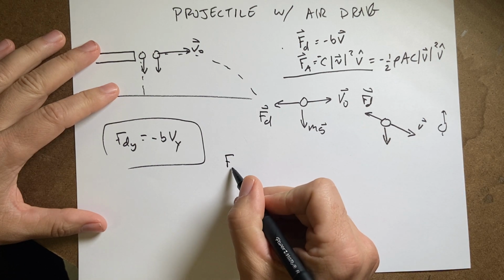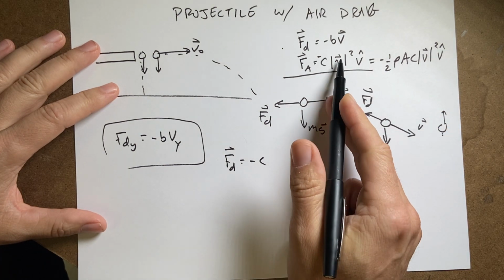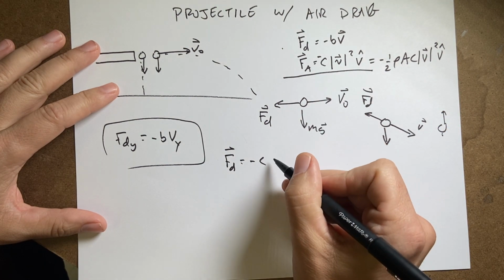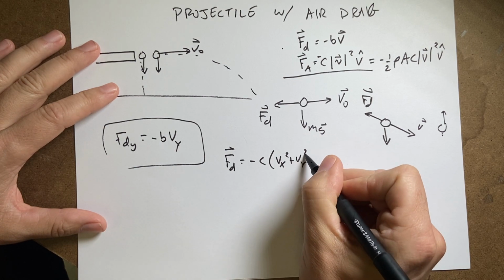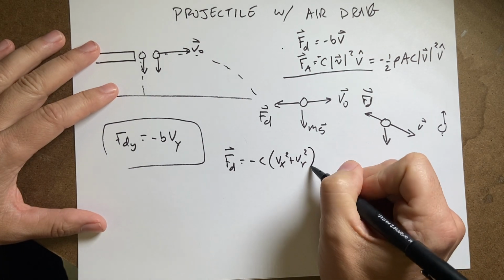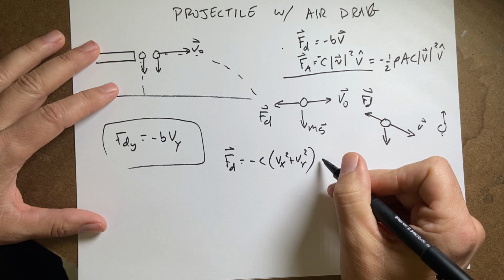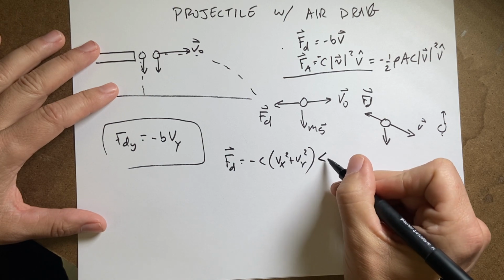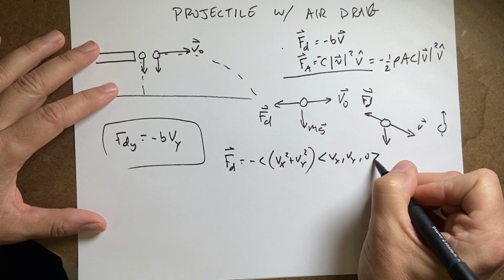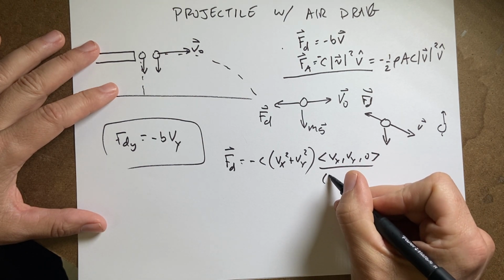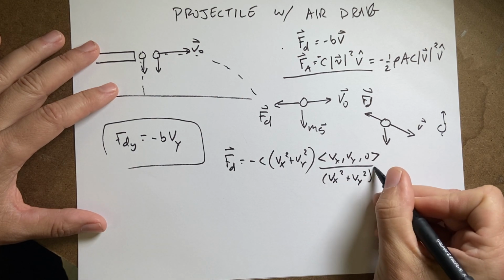F_d, I'll call this just negative c. Now I have to find the square of the velocity, so that's going to be equal to vx squared plus vy squared, square rooted, then squared again, so I can just leave it like that. And then the unit vector is going to be equal to (vx, vy, 0), I'm going to have zero z motion, divided by (vx squared plus vy squared) to the 1/2.